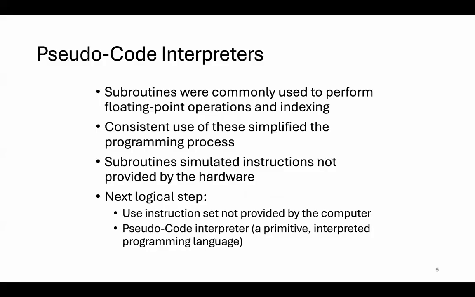And that brings us to pseudocode interpreters. So in order to reduce the errors in the floating point arithmetics and the indexing for using arrays, some subroutines started to be written in order to perform those operations. So think about it like writing down a piece of code in machine language and then sharing this code with other programmers and making it accessible so that programmers don't really have to re-implement this code over and over again. So these subroutines became available to reduce the error in the floating point arithmetics and in the indexing process for arrays.